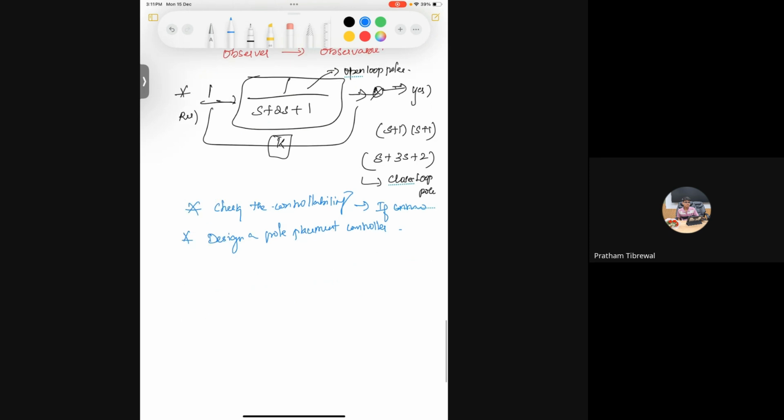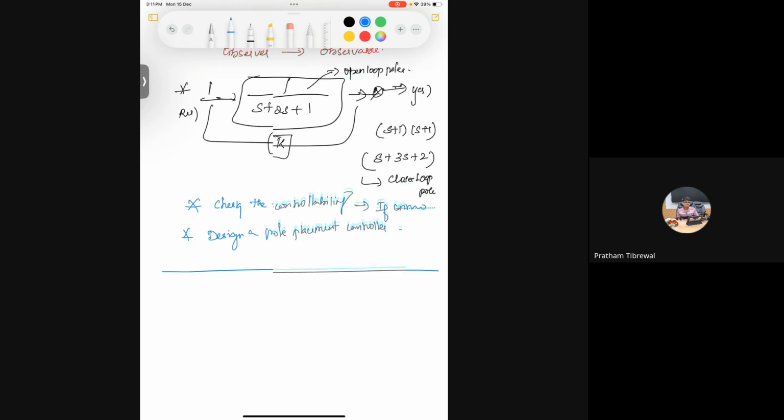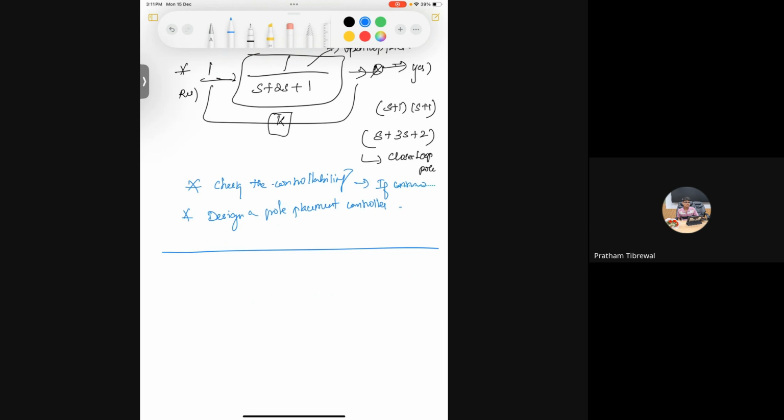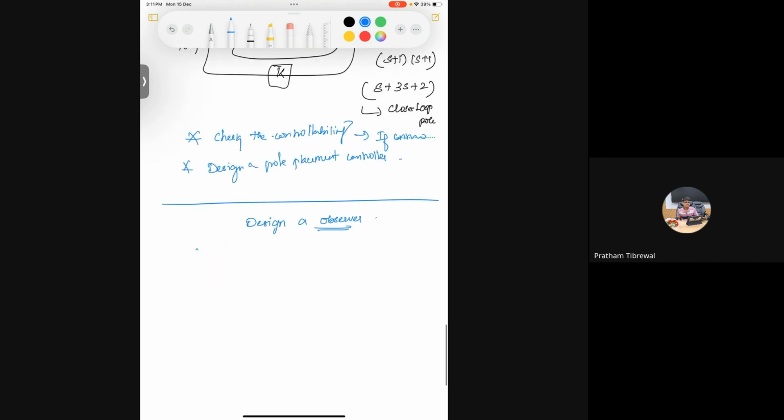This is one part. The similar twin part is, I have the same system and I want you to design an observer, right? So first check the observability of the system. If the system is observable, then you will design an observer.